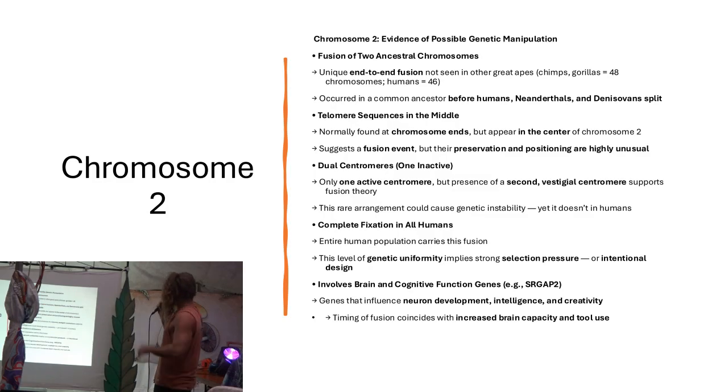Some of the really interesting things that make this stand out from others is that it has telomere sequences in the middle. Normally these are found at chromosome ends, but they appear in the center of chromosome 2. And as I mentioned before, with the dual centromeres, only one of them is active, so one of them has turned off, and that's obviously what allows it to have a correct function.